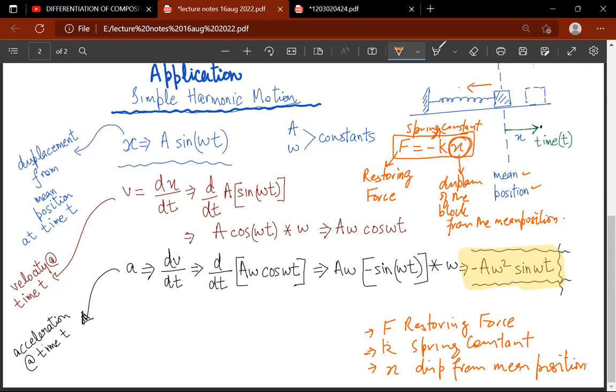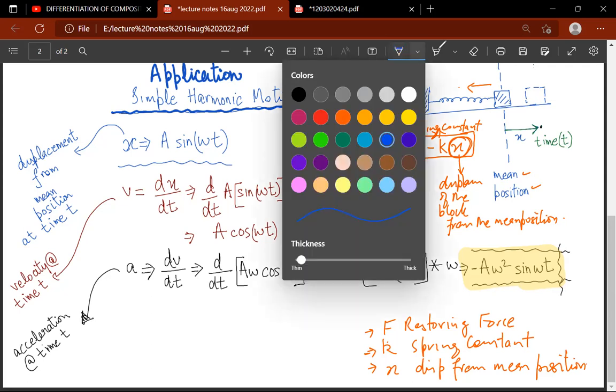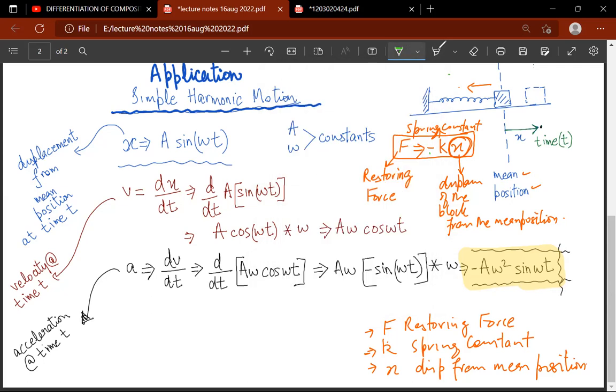So we are clear about F, we are clear about K, we are clear about X, and you might be wondering, you haven't said anything about this negative sign. Now this negative sign is a very cute creature. It's a cute creature because when the displacement is positive, towards the right, the restoring force is negative.